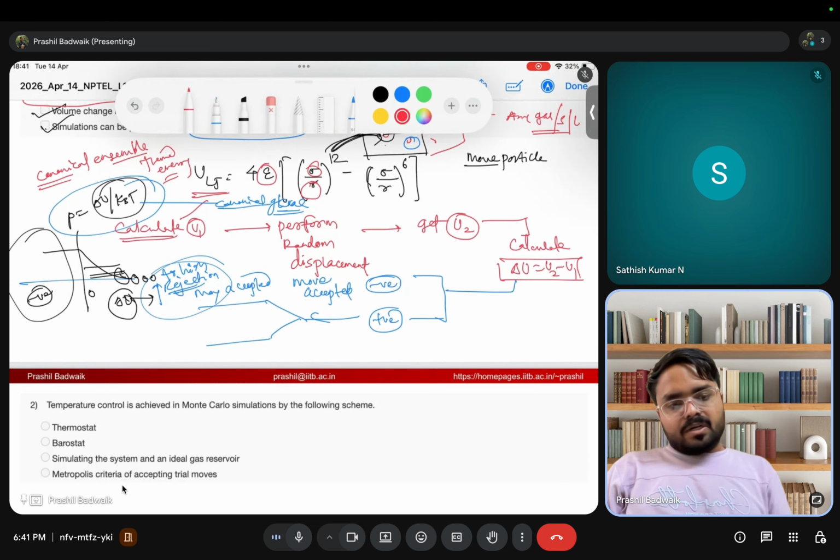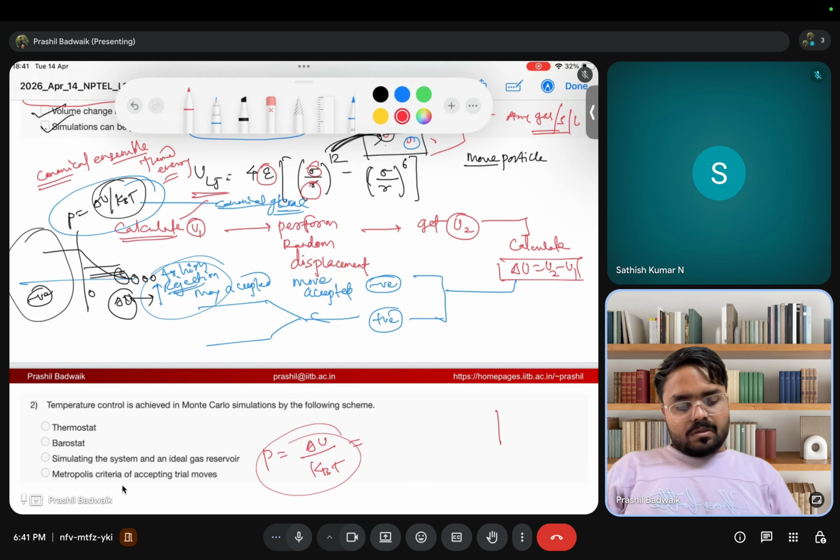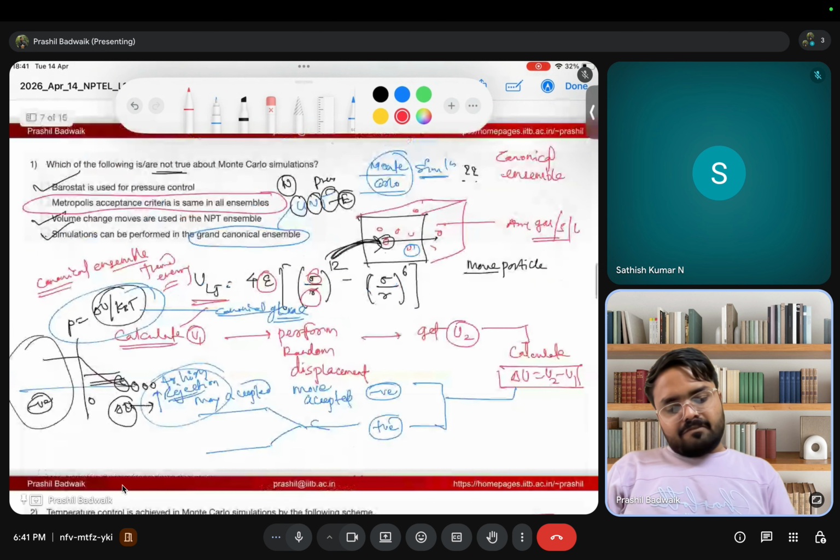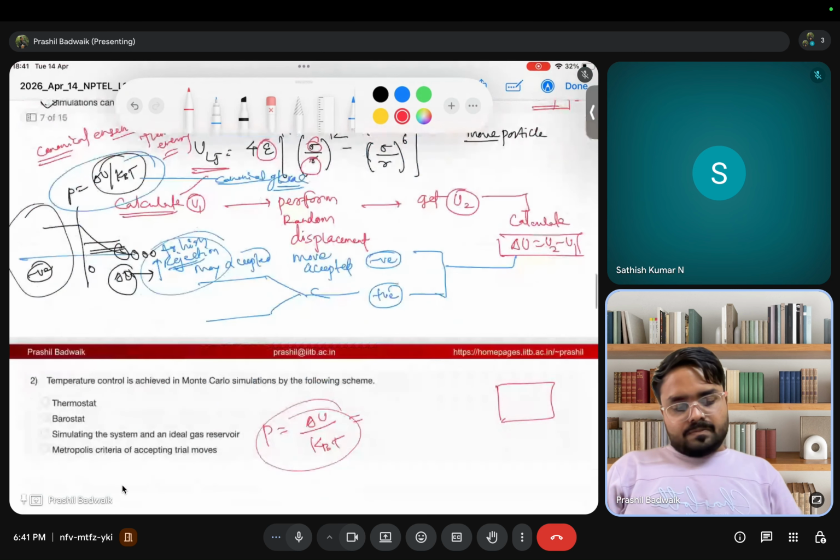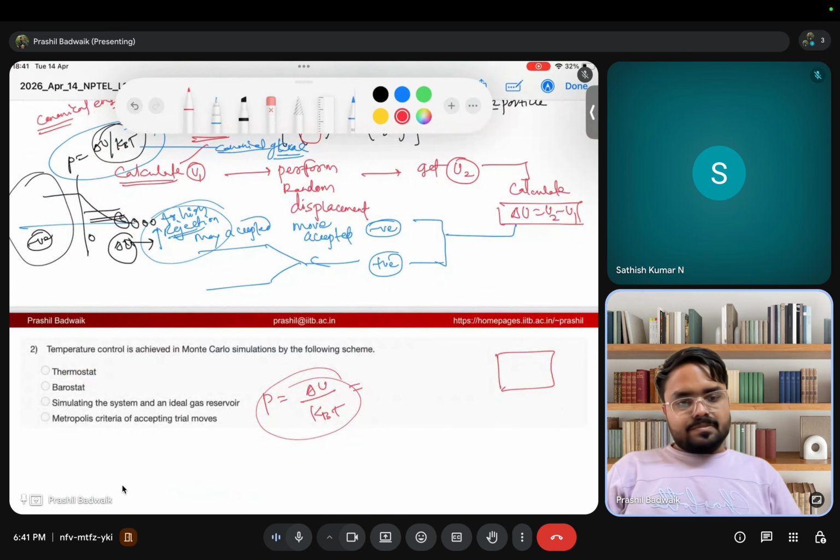See, the probability of acceptance P is given by delta U divided by kBT, which tells you whether that move is accepted or not. For example, if I displace a particle, there will be a corresponding energy change, that is delta U, and that delta U is normalized by kBT.